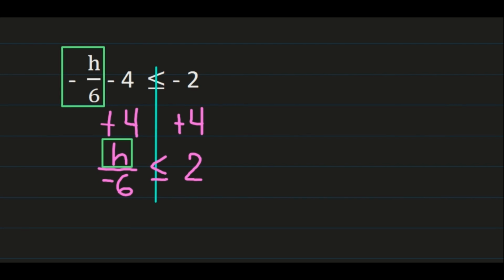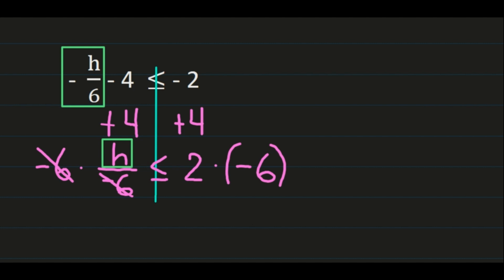Now I have the one-step inequality, h divided by negative 6 is less than or equal to 2. Until I isolate h, I need to multiply because that's the inverse to division, and I'm going to multiply both sides by negative 6. On the right-hand side, when you write that in, you may want to place the parentheses around the negative 6 just to make sure visually you're grouping the negative sign with the 6.